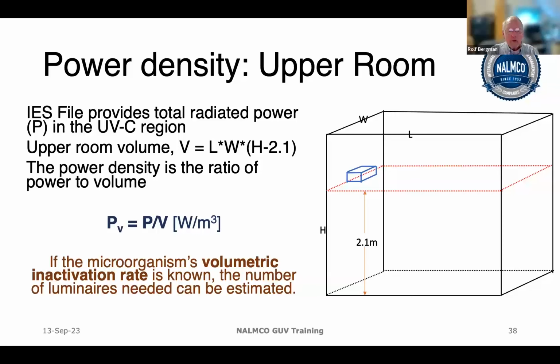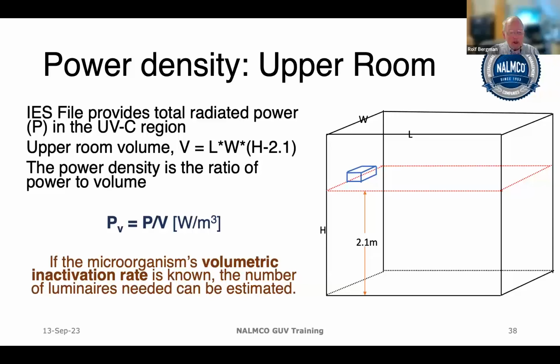So it's the volume of the room minus the volume below 2.1 meters. And this we call the power density. It's obviously watts per meter cubed, and that's the best measurement units to use. It could be milliwatts per meter cubed as well.